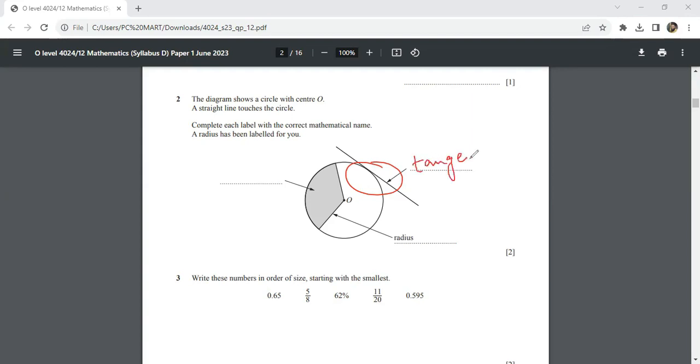ये क्या कहलाता है? Tangent कहलाता है. This is tangent. And what about this thing? When a circle is being divided into parts from the radius or the center of the circle, a part is made such that it looks like a pie chart.